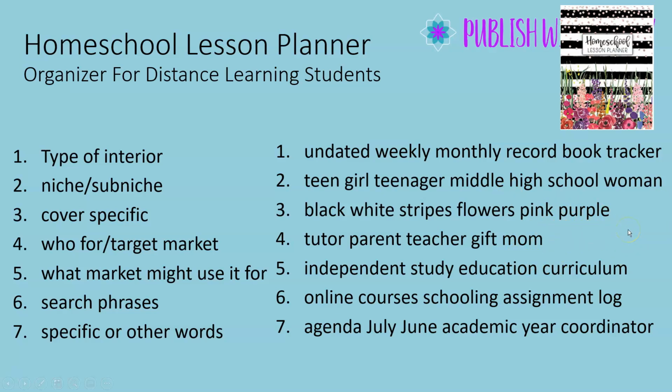But I was just trying to show you an example of how I would fill out these 7 keyword boxes. So my example is homeschool lesson planner. Number 1, type of interior. I use synonyms and things that maybe they would be searching for that type of interior, and I'm not going to repeat the keywords I've already used, or I'm going to try very hard not to.